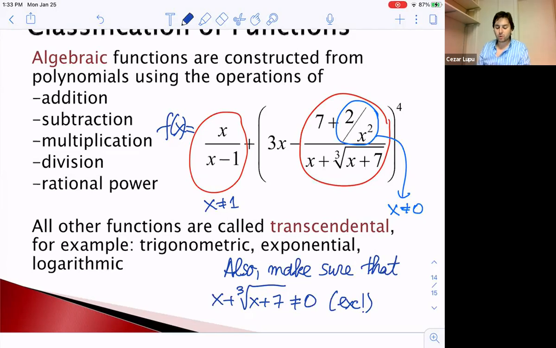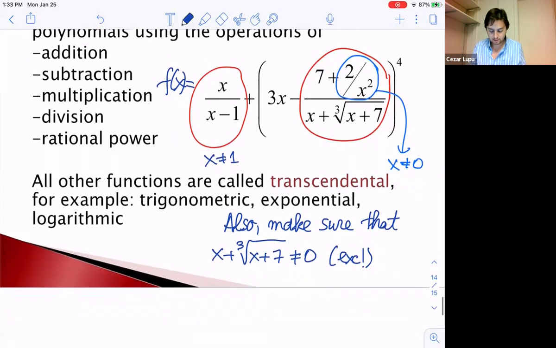But anyway, what we need to know at this point for sure is that f will avoid these two values, x equals 0 and x equals 1. So the domain of f will be at least the entire real line except at least these 2 points, 0 and 1. And perhaps some other points, which are the solutions of that equation.